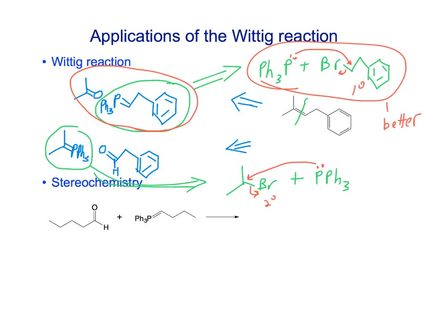All right, so let's look at the bottom reaction. So see if you can draw out the product for that bottom reaction. So we already have the ylide, right? We don't have to synthesize it here. Given the ylide plus our aldehyde.